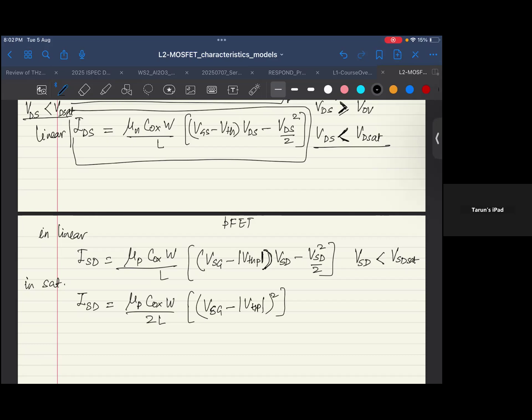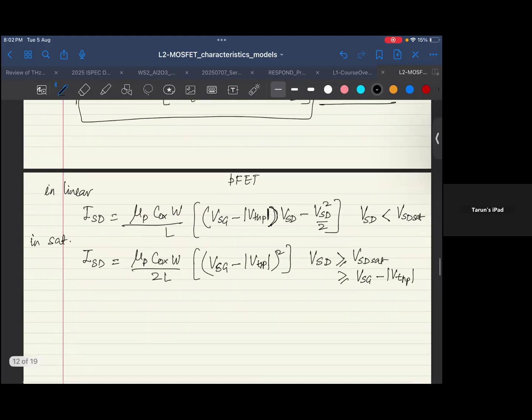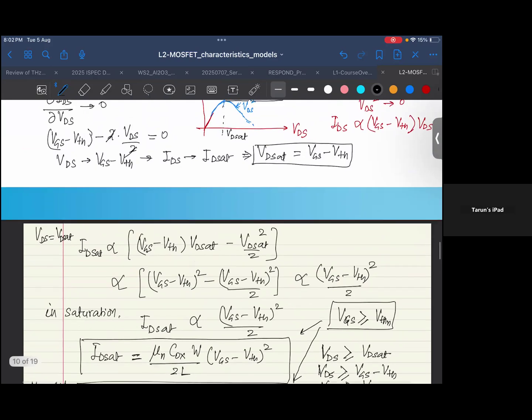And this is for the condition when your VSD is greater than or equal to VSDSET, which is equal to VSG minus mod of VTH. Okay, so these are the basic equations one would start to model.